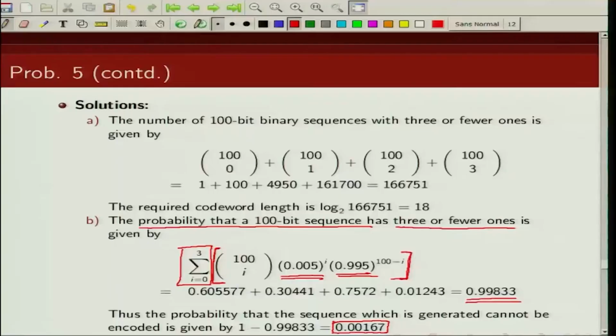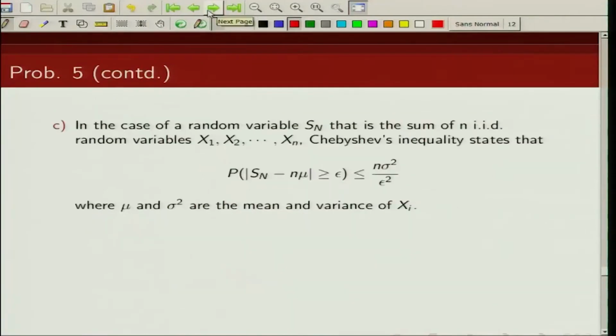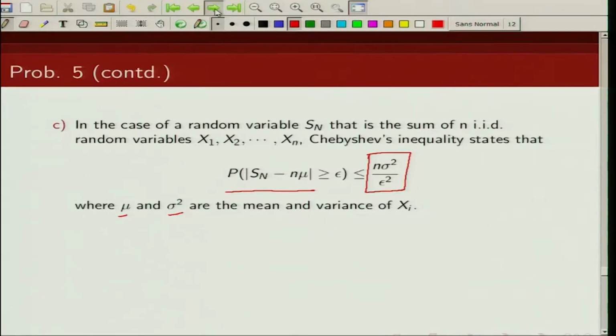Next we are going to use the Chebyshev inequality, which basically says that if Sn is the sum of n IID random variables, then the probability that the absolute difference between the sum and n times mu is greater than or equal to epsilon is bounded by n times sigma squared over epsilon squared, where mu is the mean of xi and sigma squared is the variance of xi.